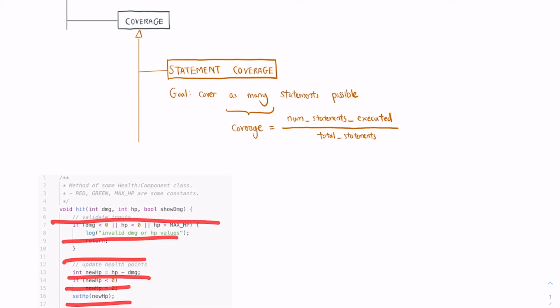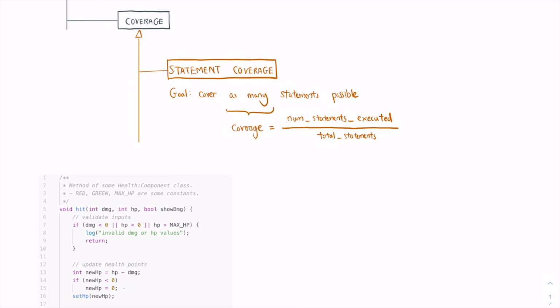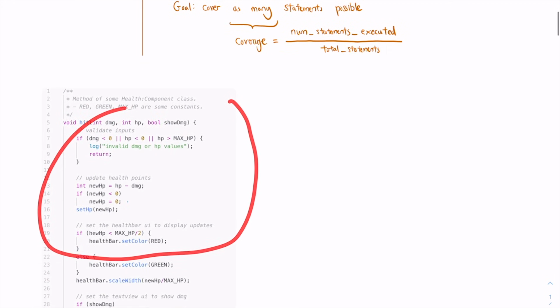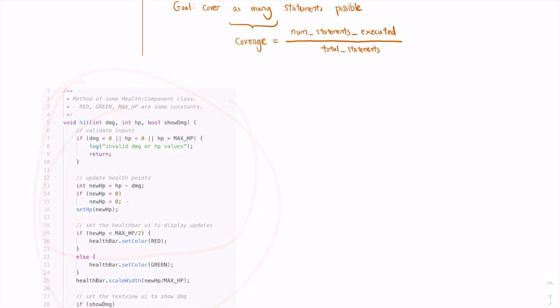To know how many statements you have covered from your test code, we will use a simple statistic called coverage, in which for statement coverage, we have an extremely simple formula: the number of statements executed from your test code that is being run, over the total number of statements in the entire piece of code itself.